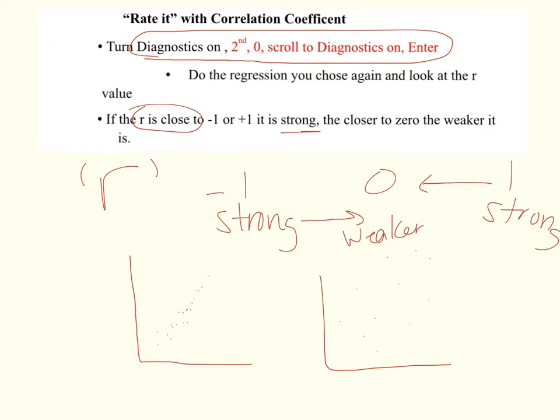The farther apart they are, the weaker your correlation is. And all that means is, if I draw a line of best fit through the middle, how accurate is that? I may be off a little bit, so my line may not be as accurate. If I have my points really tight together, I know where my line of best fit is going to go because it's accurately going through.